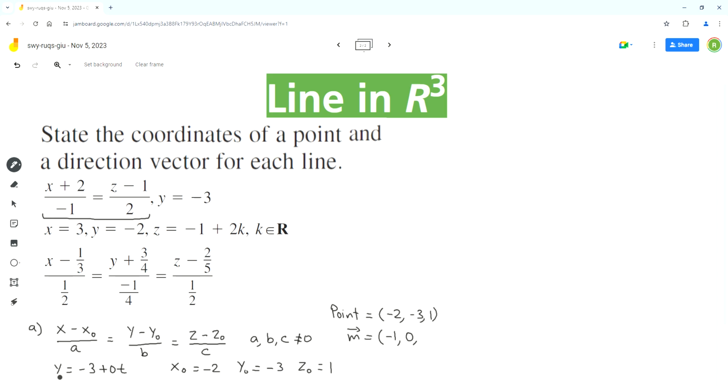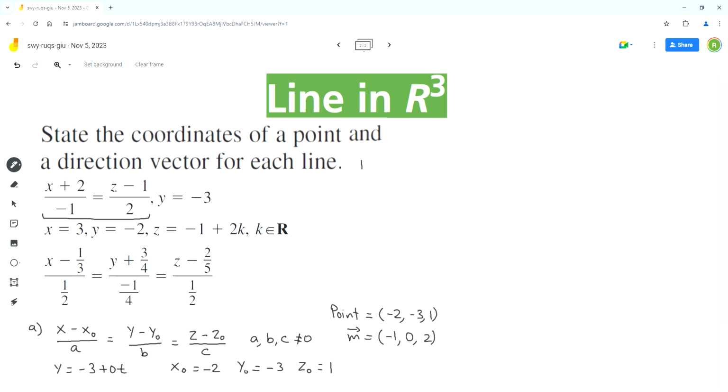But as I mentioned earlier, the y part of the equation is not written in symmetric form because the y component of the direction vector is 0. And the z component of the direction vector is 2, the denominator in the z part of the equation. This is the direction vector of the first line. So we are done with part A.